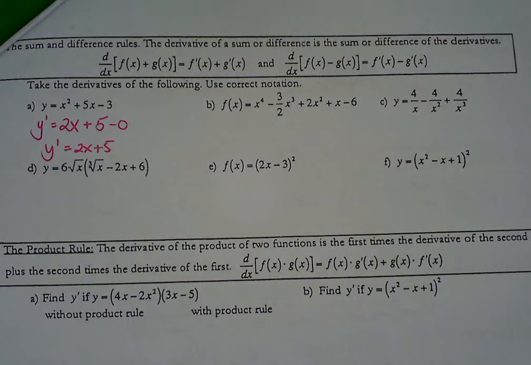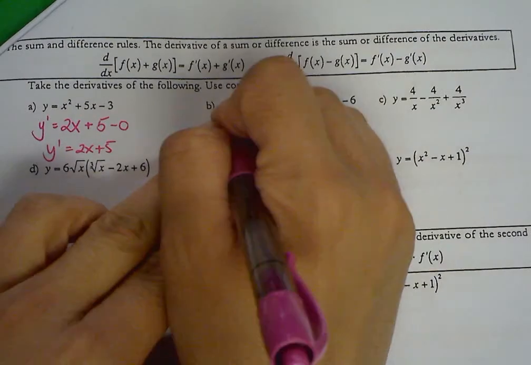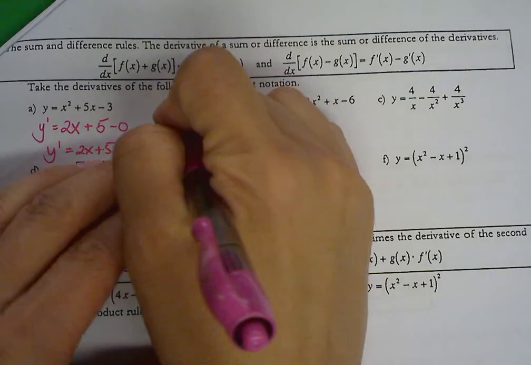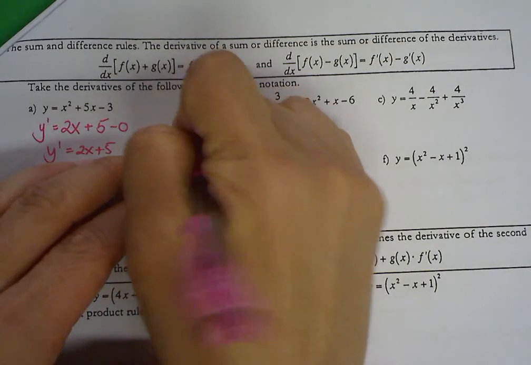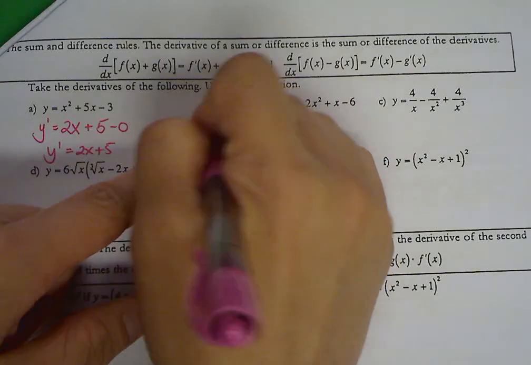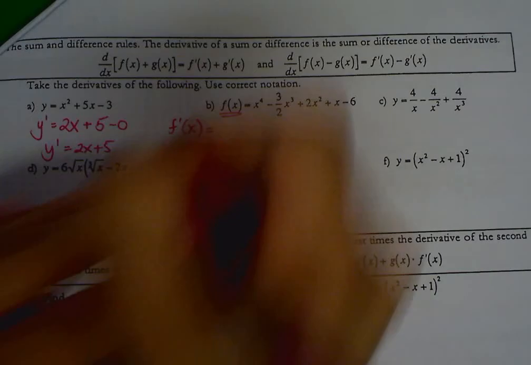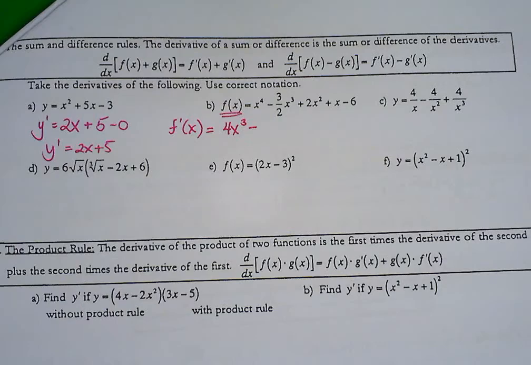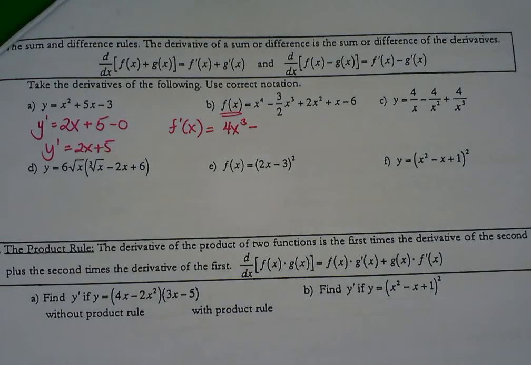Okay, let's do B. How do you do that? What's the proper notation? That's f of x. So the derivative, how would I write it? F prime of x, or I could do df dx, but let's just do f prime, that's easiest. Okay, what's the derivative of x to the 4th? 4x cubed. Minus, what's the derivative of 3 over 2 x cubed?